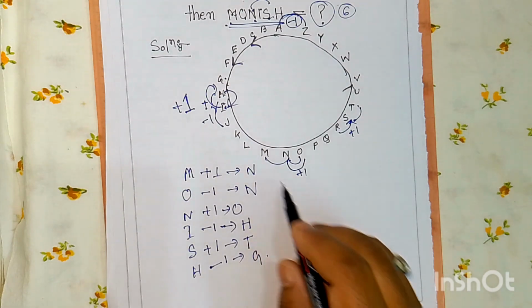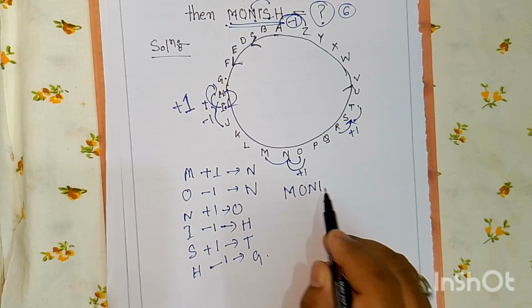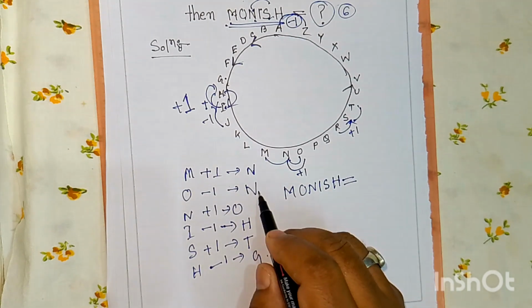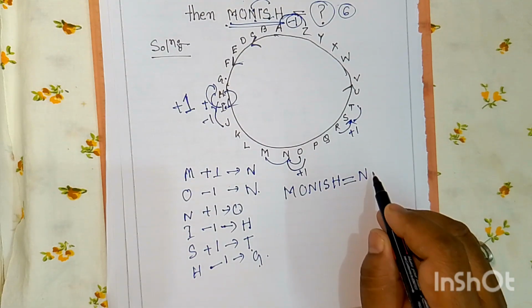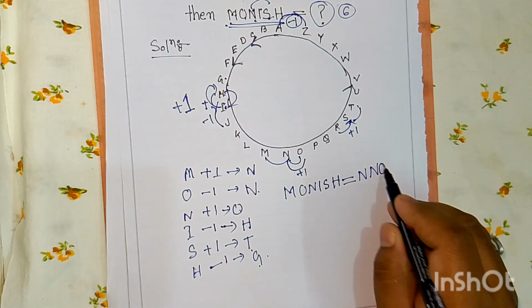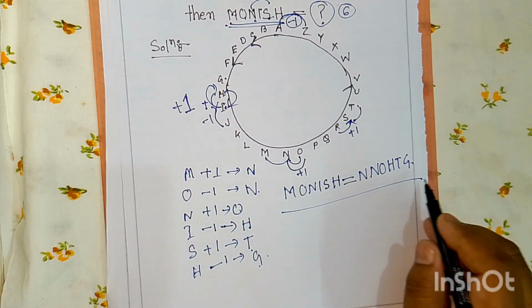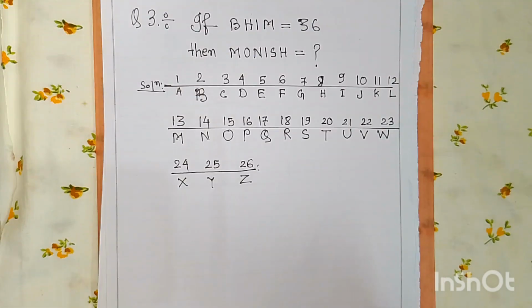So what is the coded word of MONISH? The coded word is NNOHTZ. NNOHTZ. Yes? Now come to the next question.